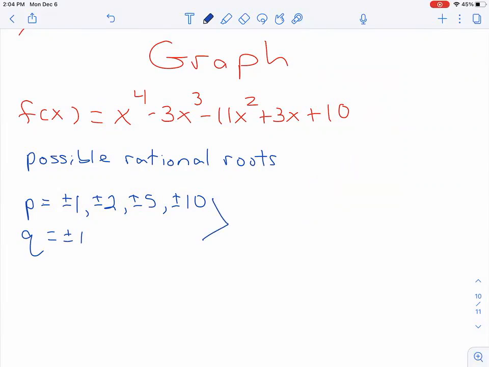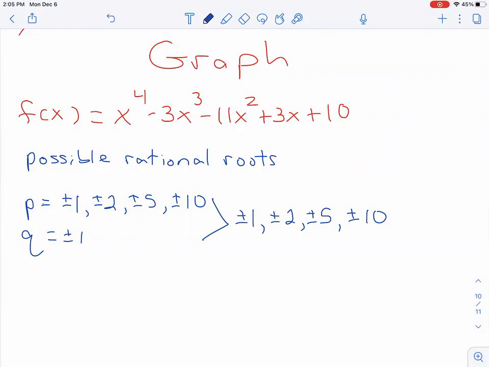And so our possible rational roots are the top ones divided by the bottom ones. Well, if you take anything and divide it by 1, you just get those numbers. So our possible rational roots are plus or minus 1, plus or minus 2, plus or minus 5, and plus or minus 10.